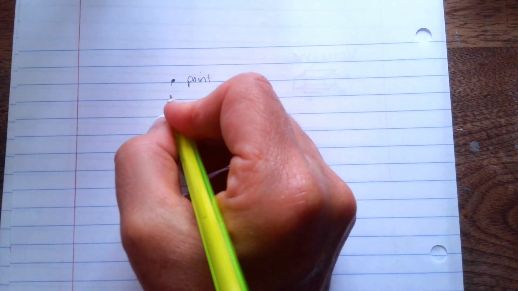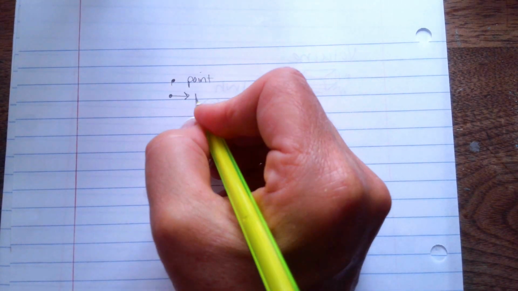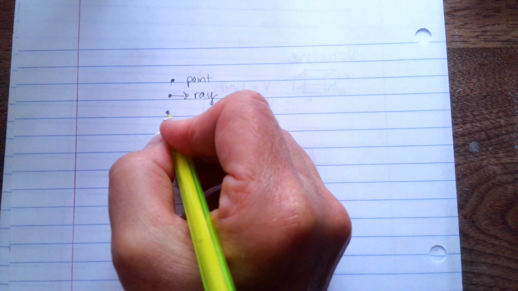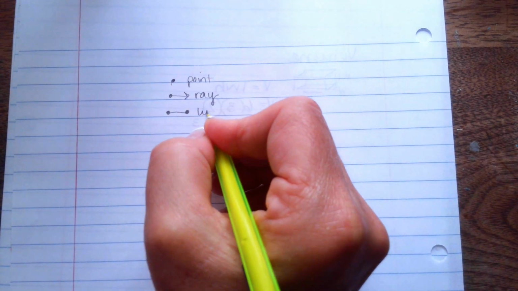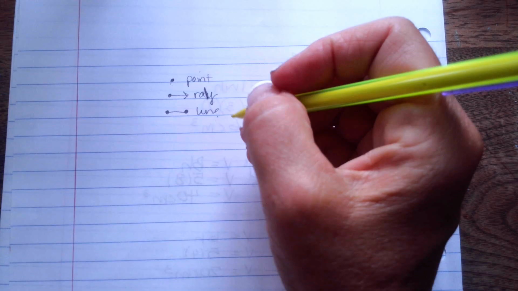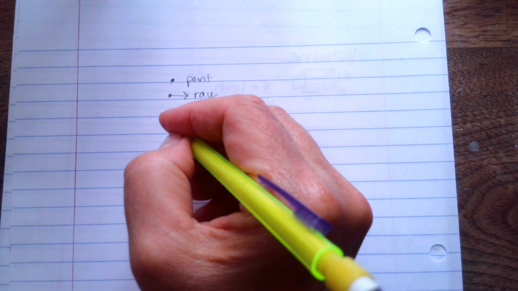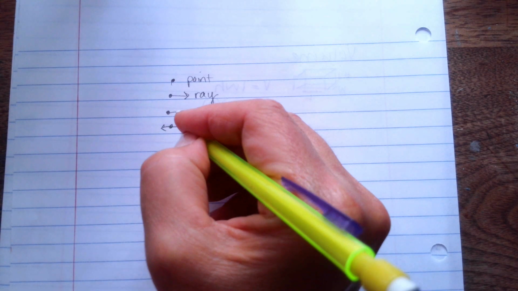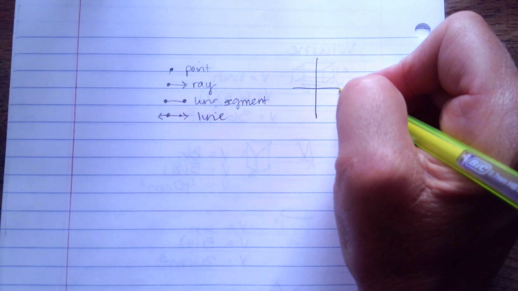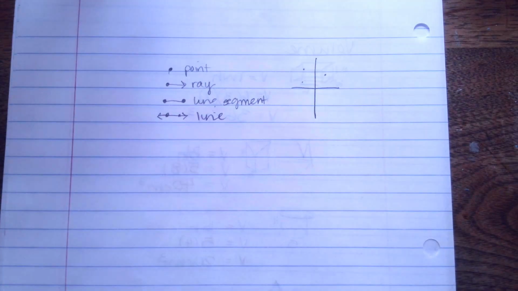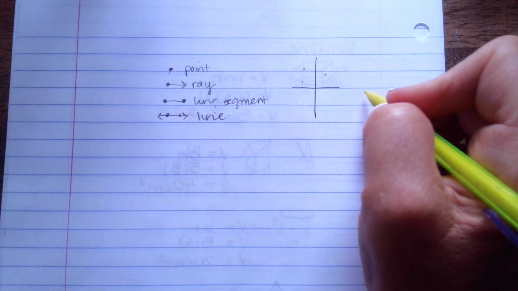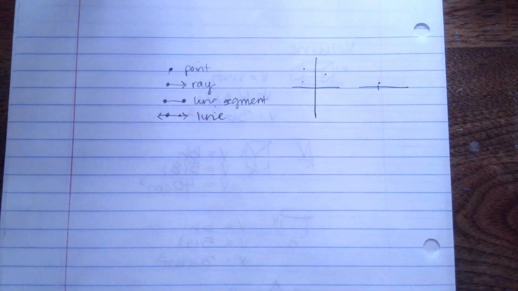Okay, so this is called a point. This is called a ray. This is called a line segment. And this is called a line. So a point is going to tell you where you are on a graph or where you are on a number line.